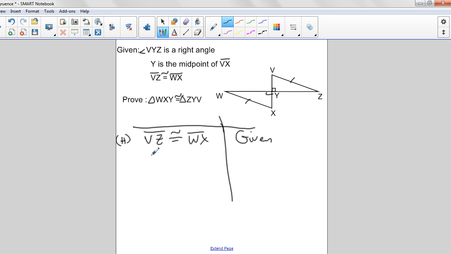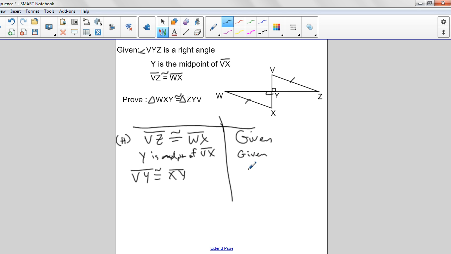Okay, so we've taken care of the H. We know that Y is the midpoint of VX. I could write that down if I want. Y is the midpoint of VX. And why that is important is because that says that VY is congruent to XY. Well, what's the reason that's true?